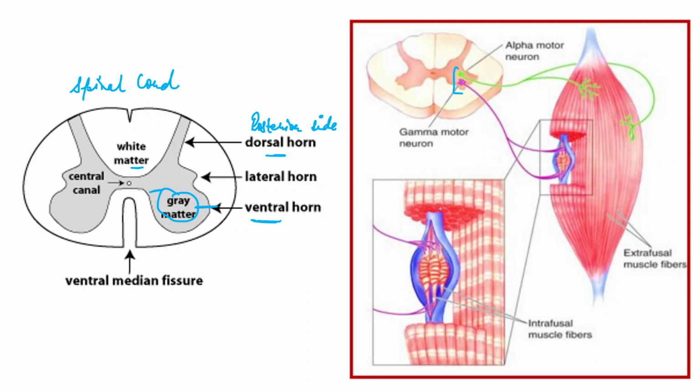In the last lecture, I discussed extrafusal muscle fibers and intrafusal muscle fibers and which kind of motor neuron plays a role in what. The alpha motor neurons interact with the extrafusal muscle fibers, and the gamma motor neurons interact with the intrafusal muscle fibers and the spindle. Okay.